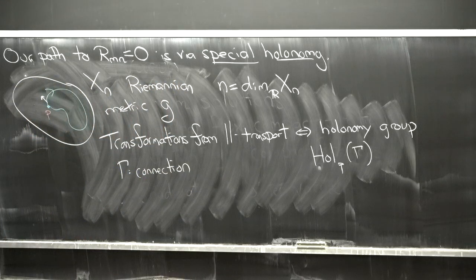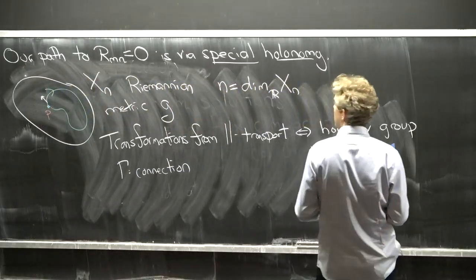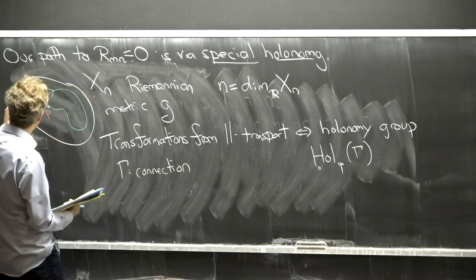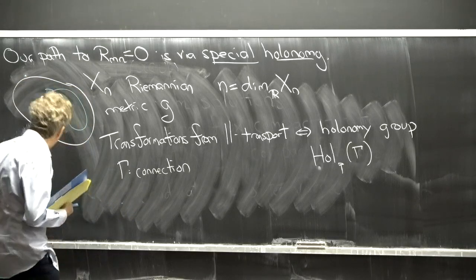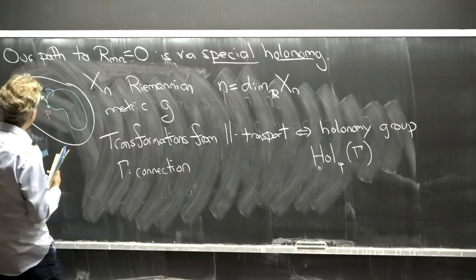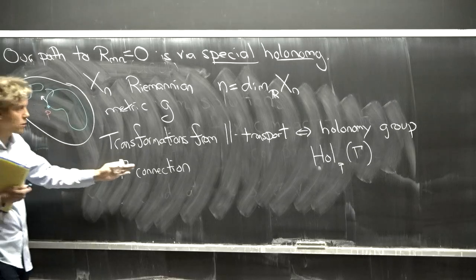Now, if X_n is connected, then if you have some other point P prime, you try and work out the holonomy group at some other point P prime, well, you can always relate those things by just taking a walk from P to P prime, and that just creates whatever your group element is.